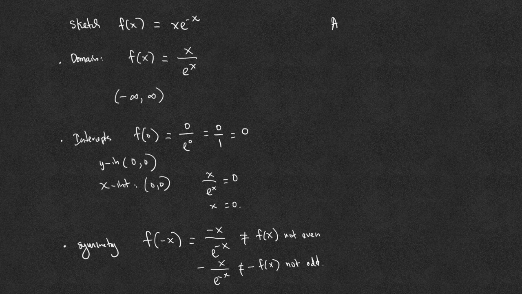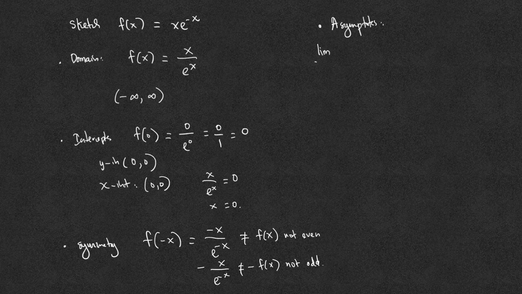We then find any asymptote. This is not a rational function because the denominator is not a polynomial. So to find any asymptote, we would need to use the limit at infinity or infinite limit.